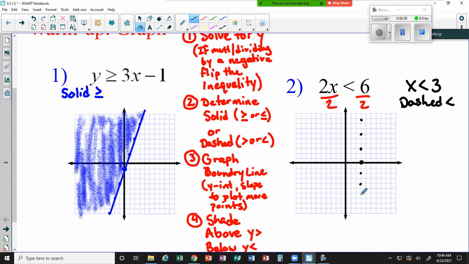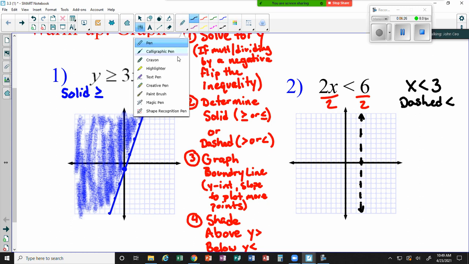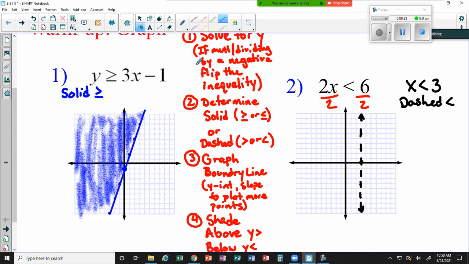X is 3 everywhere along this line. Now when I sketch it, I need a dashed line, we just said. Okay, now my shading. Which way am I going to shade this? Well, I want all the x values that are less than 3.